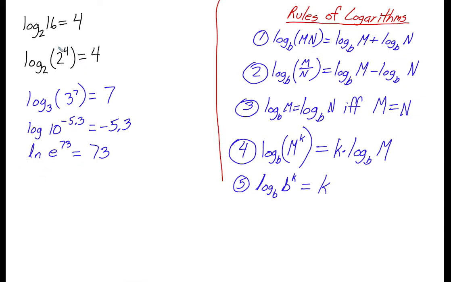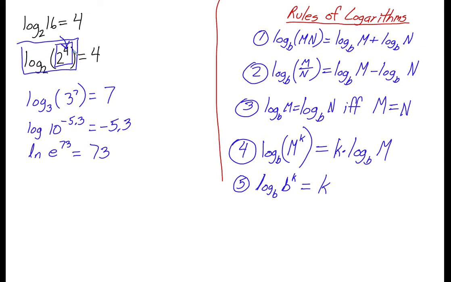And so here we said, I'm going to take a 4 and make it the input into the exponential function 2 to the x. And then what I get out of that, 16, becomes the input into the logarithm function, log base 2.